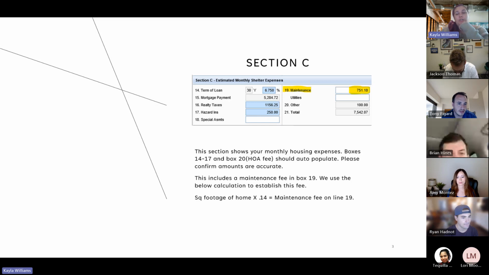So depending on the price of the home, I usually use like 2,000 to 2,500 square feet just to give it a basis. You put that on line 19. All these other ones are going to be populated for you. Line 20 is your HOA fee. Just double check that they came in correctly.